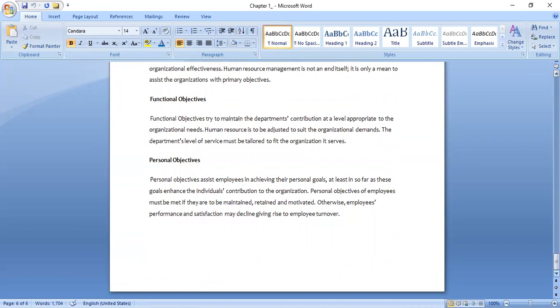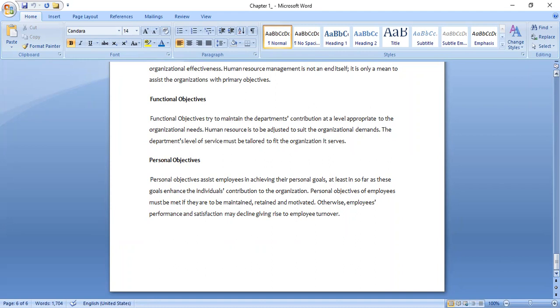With functional objectives, for example, we look at activities categorized into departments. For example, it could be the finance department, the marketing department, right? So those departments help with the human resource management, categorizing those functions into departments.